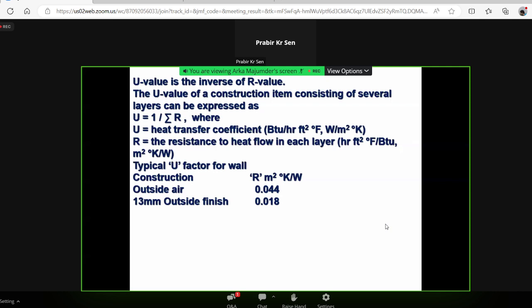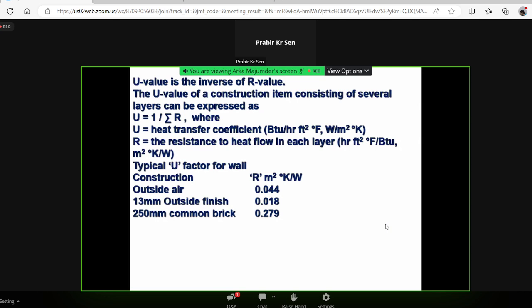Then after that outside air film, we have outside plaster, half-inch plaster, 13mm plaster. For that, R value is 0.018. Next we have common brick.